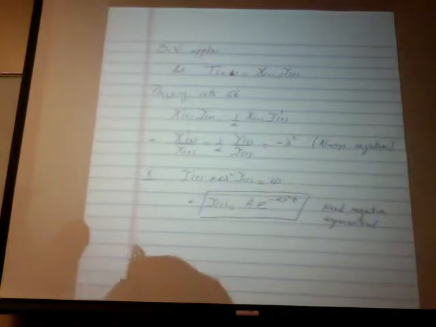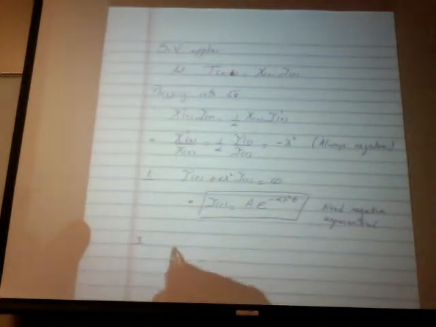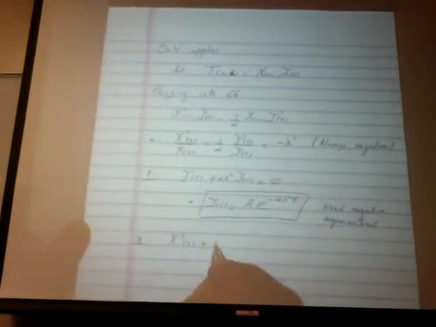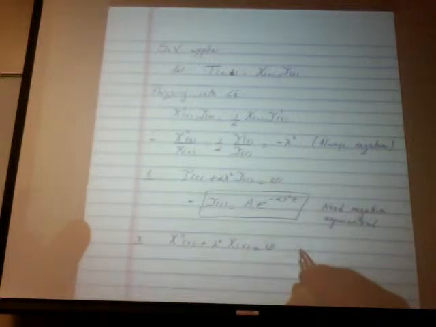So when we go to the x direction, we're going to get X double prime of x plus lambda squared X of x is equal to 0, subject to homogeneous conditions.